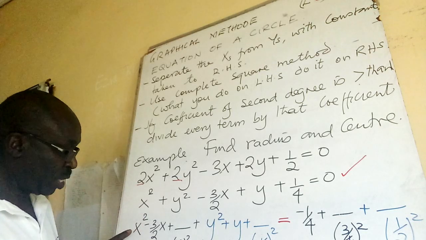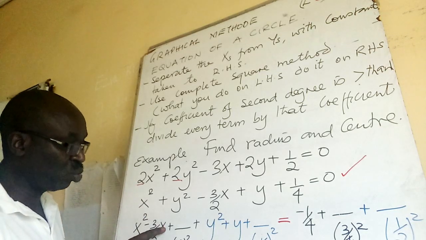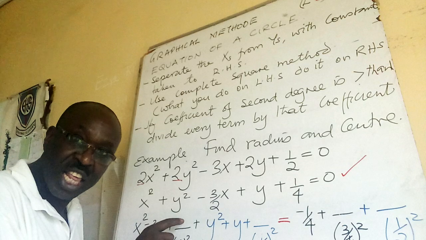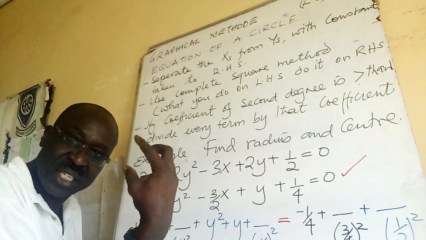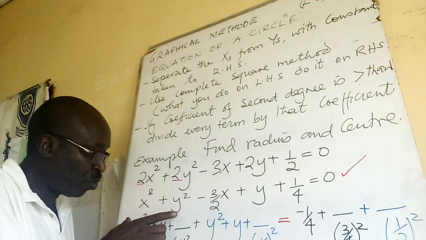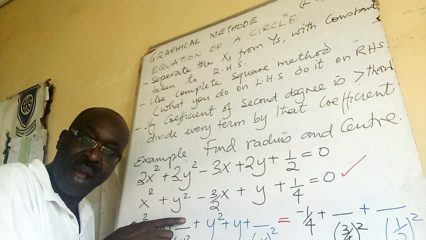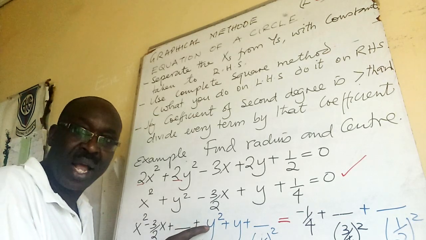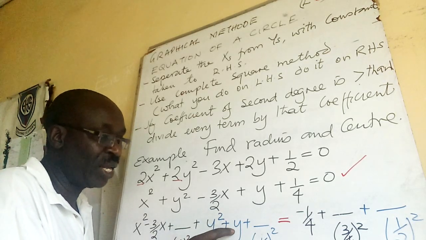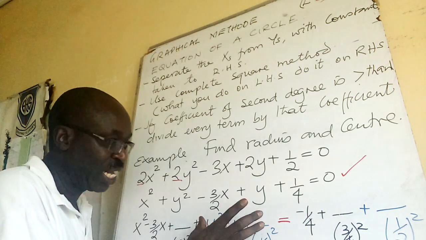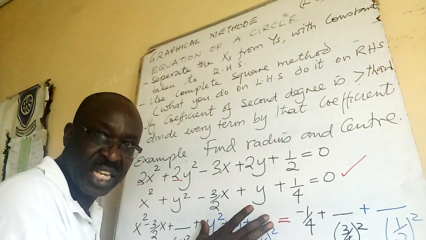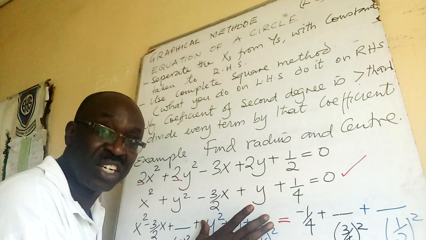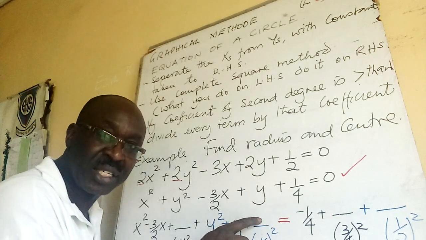So, x squared minus 3 over 2x plus dash. This requires something for this to be a perfect square. Y squared plus y plus something. This is supposed to be a perfect square when we write something here.